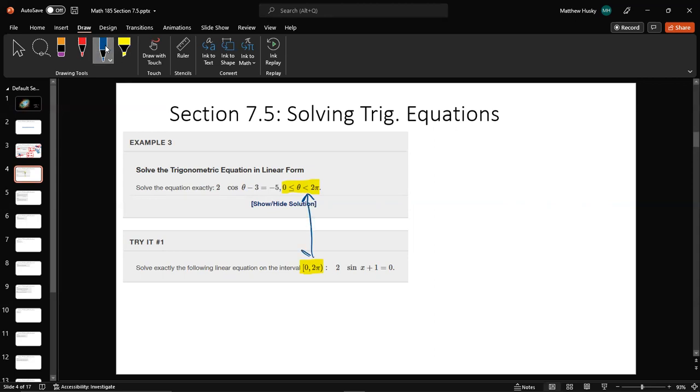The thing to note is that this just means we're going to limit to one time around. So we're only going to go around the circle one time, going from 0 to 2 pi. So let's look at this first example.